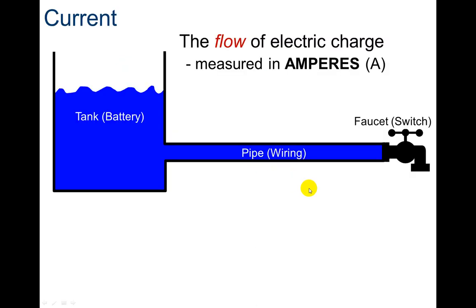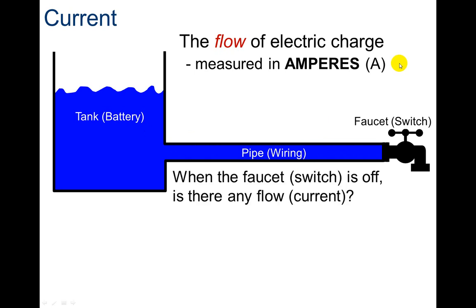All right, here's another way of thinking about it. We've got a tank. Again, there's pressure because of this big tank, and there's pressure going into this pipe. The tank is like our battery, pushing pressure into the pipe. The pipe is like our wire. The flow of electric charge is measured in amperes.